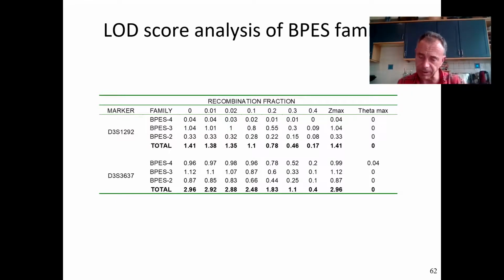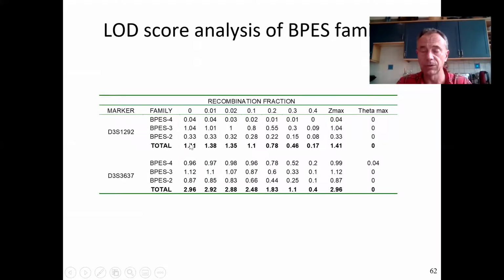If you multiply them all together and then take the log, that's the same as taking the log and then adding the logs together. So what we do with LOD scores is we add them up over families, and then we have a total LOD score.